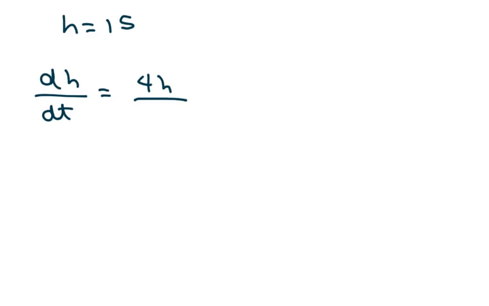So now all we have to do is plug in our values when h is 15. So we have derivative of h with respect to time equals 4 over 9 pi times h squared times the derivative of the volume with respect to time.